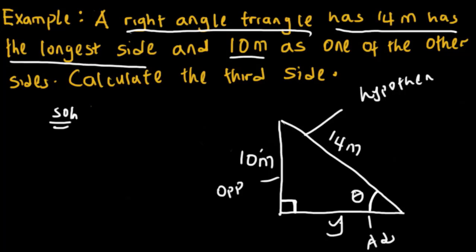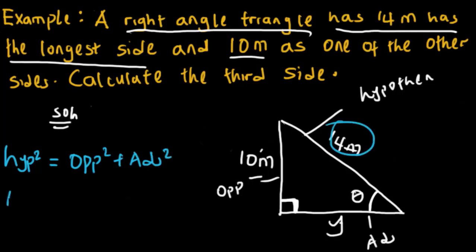Now let's check our criteria. Number one, it must be a right angled triangle, which is correct. Number two, we must know at least two sides, which is also correct. So let's do this. I hope you still remember Pythagoras theorem. We have hypotenuse square, which is the longest side, equals opposite square plus adjacent square. Now what's the hypotenuse? 14.